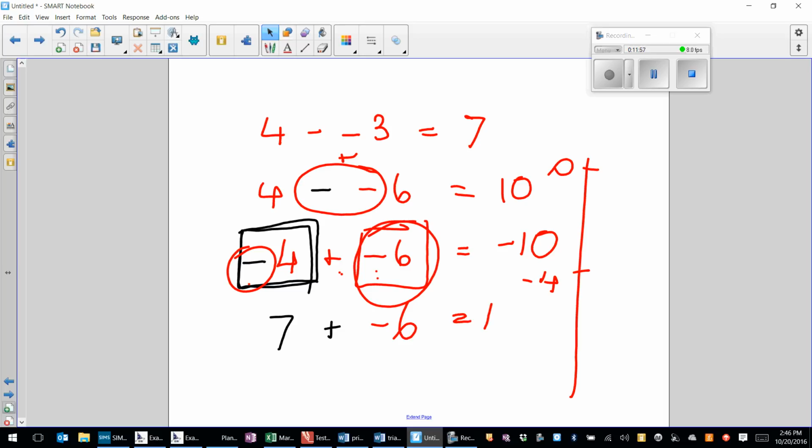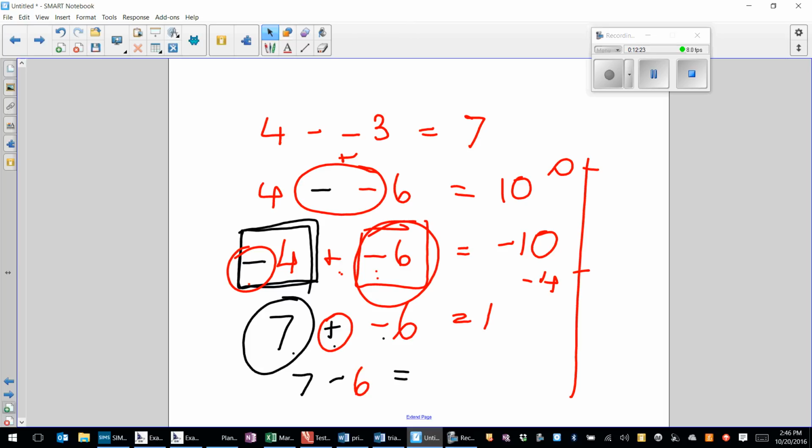So, hang on. We start at 7. No, the difference is that we start at a different number. So 7 add negative 6 is like just doing, well, if it's a negative, you take this sign and you do the opposite. So we do 7 subtract 6, and the answer is 1.